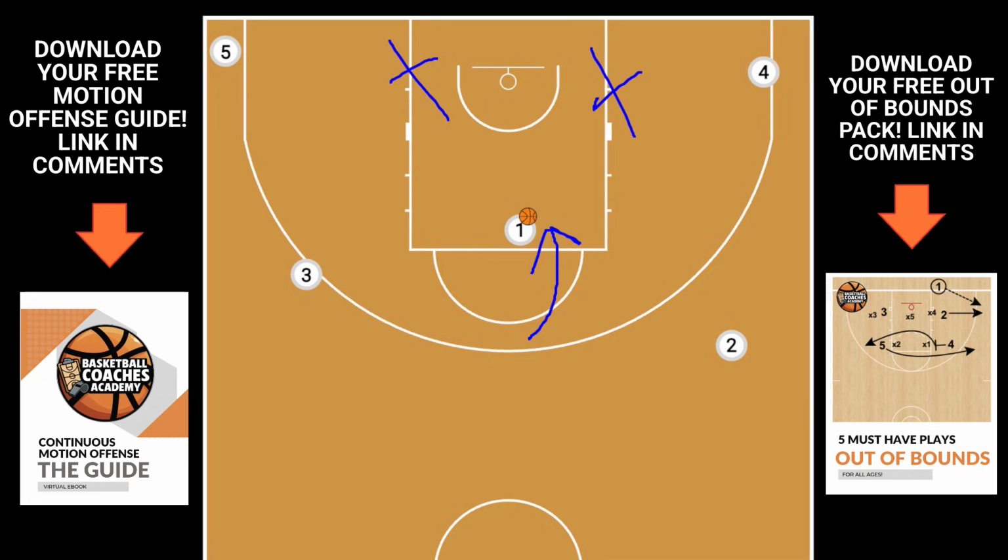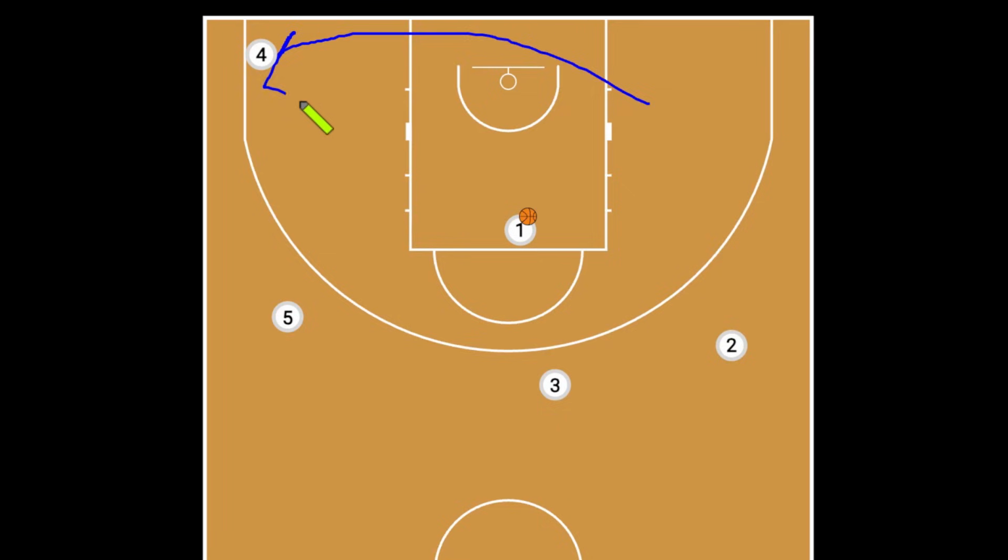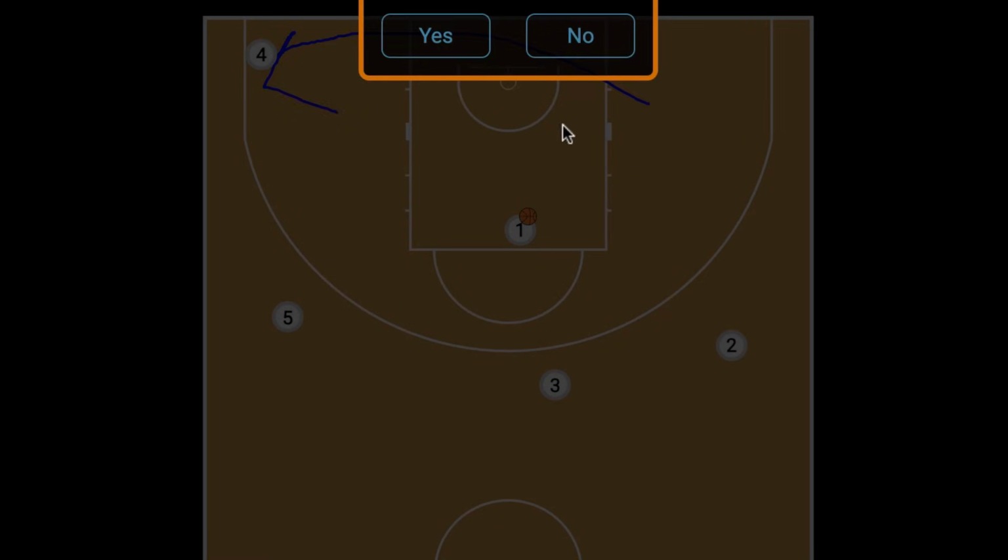Because this offense includes such a wheel, right, you can't really have anybody cheat off their player to fill the gap, right? Because what's going to happen here is, again, number 4 is going to cut, number 3 is going to cut, number 5 is going to cut, right? So if number 4's defender right here was to kind of focus on filling that gap, they really can't because they need to then follow their player over as they're cutting. Same thing with number 5, right?